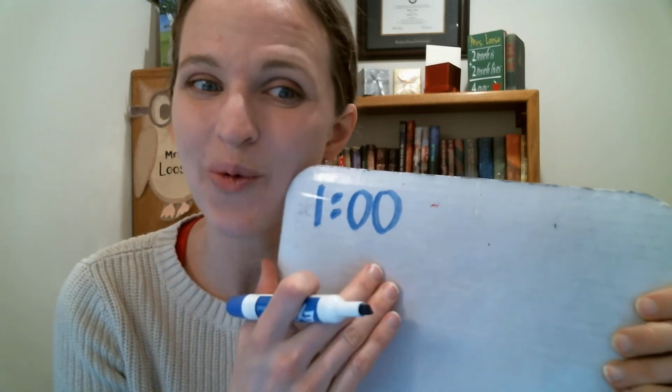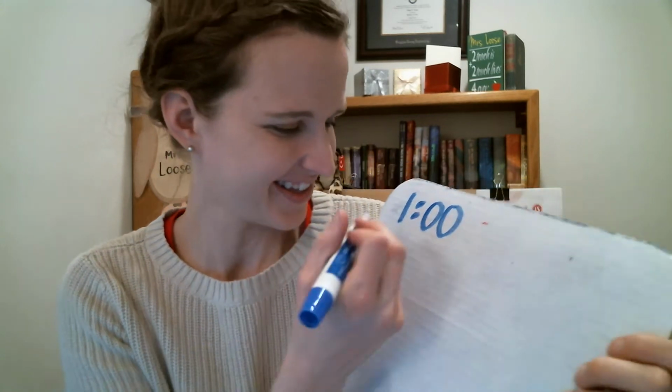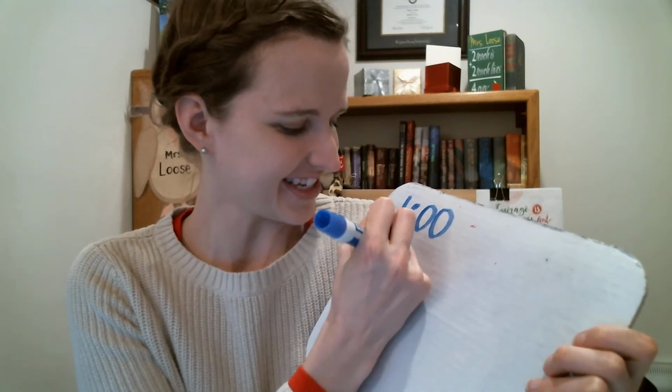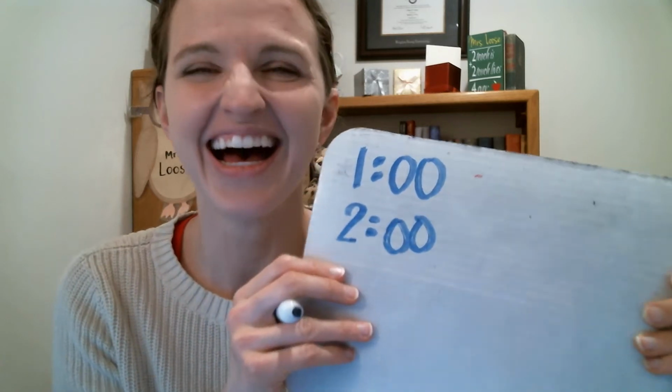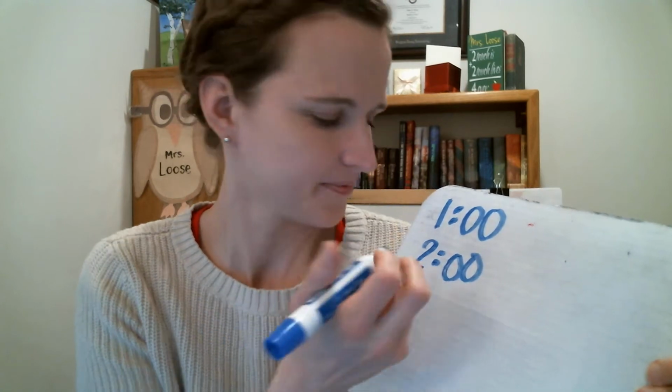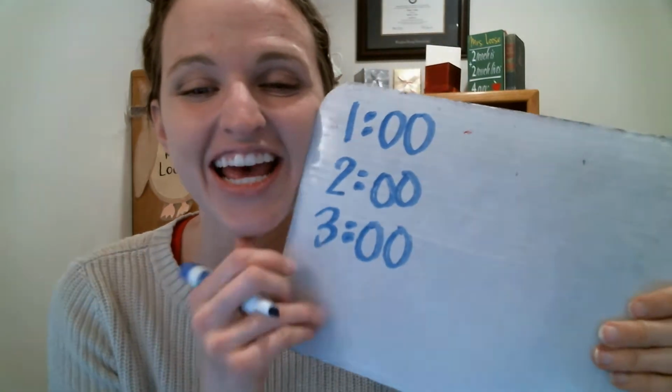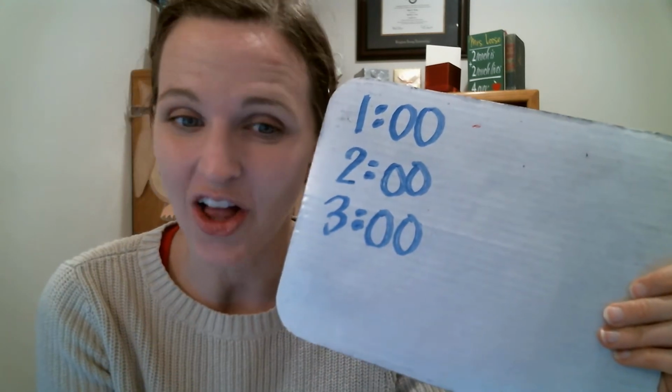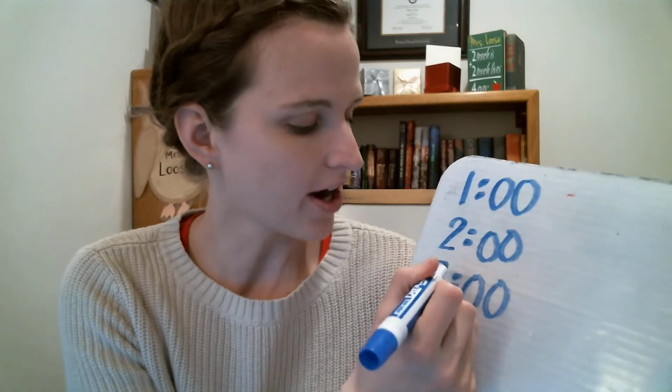So here's 1 o'clock. What do you think 2 o'clock looks like? Did you guess this? You're right. Here's 2 o'clock. How about 3 o'clock? You're right. The 2 zeros tell us o'clock, so 3 o'clock. It doesn't matter what number goes before these dots.